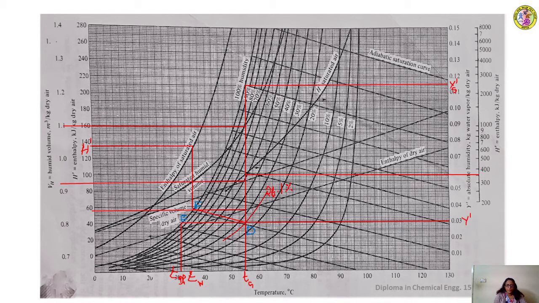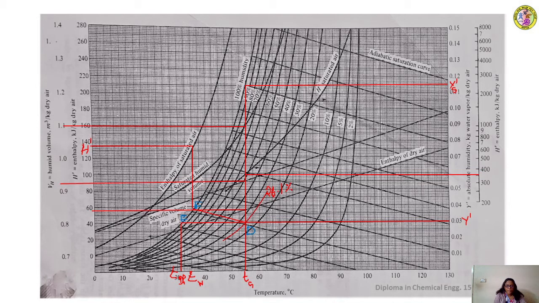From that point, I have drawn a straight vertical line. This line is meeting the horizontal line that is drawn from the humidity value, that is 0.03 kg water per kg dry air, and that value is marked on the y-axis. From there a horizontal straight line is drawn and these two lines are meeting at point D.